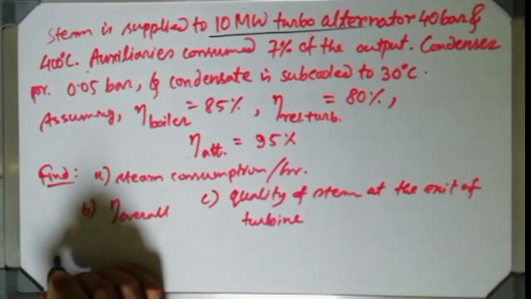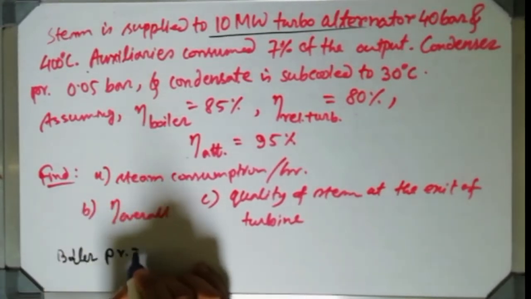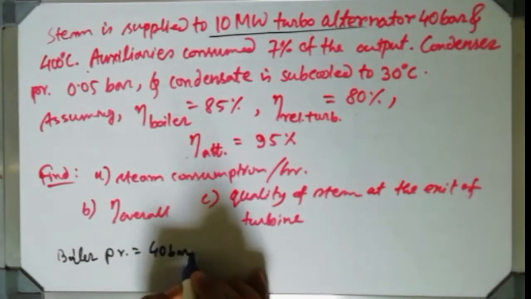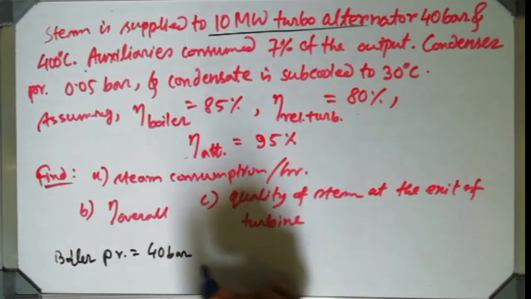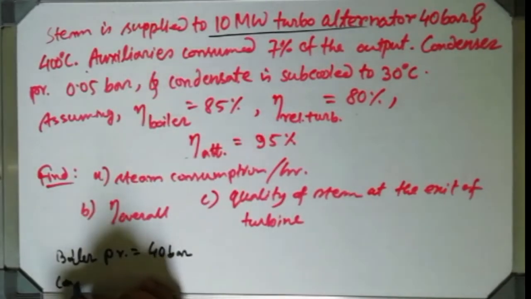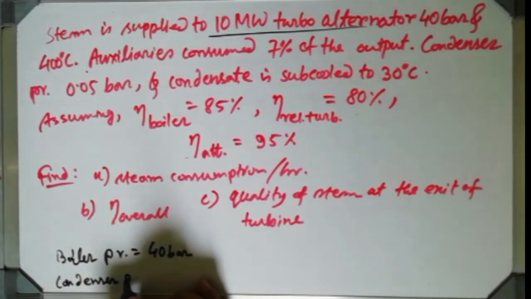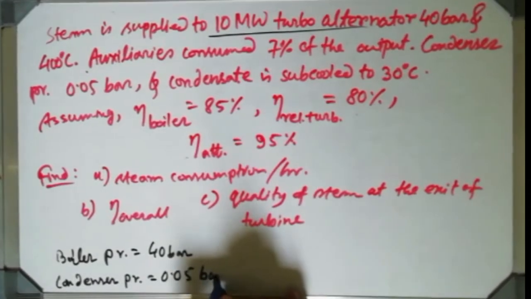The pressure we are talking about, the boiler pressure, is given as 40 bar. We require these two pressures, and one condenser pressure is also given. That is 0.05 bar.